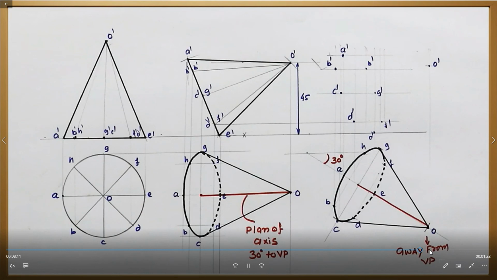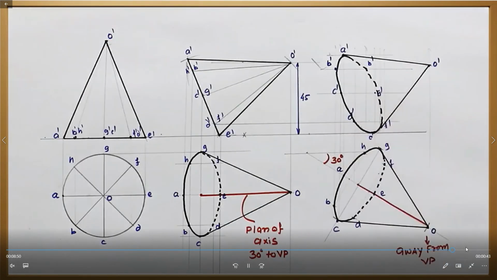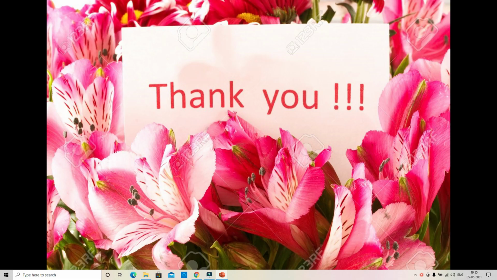Okay, now with the help of the scale you join. Okay, this is the cone, pyramid, inclined to both HP and VP. Prisms and pyramids, both solids are inclined to HP and VP.